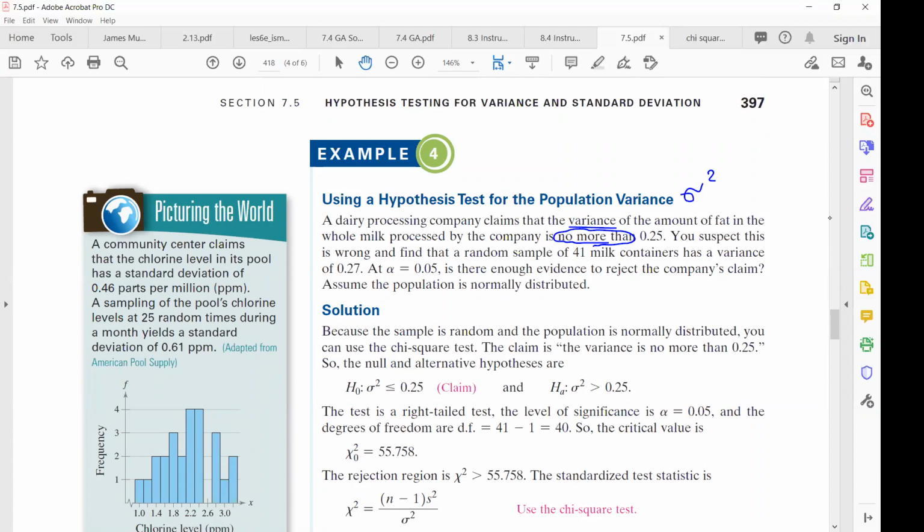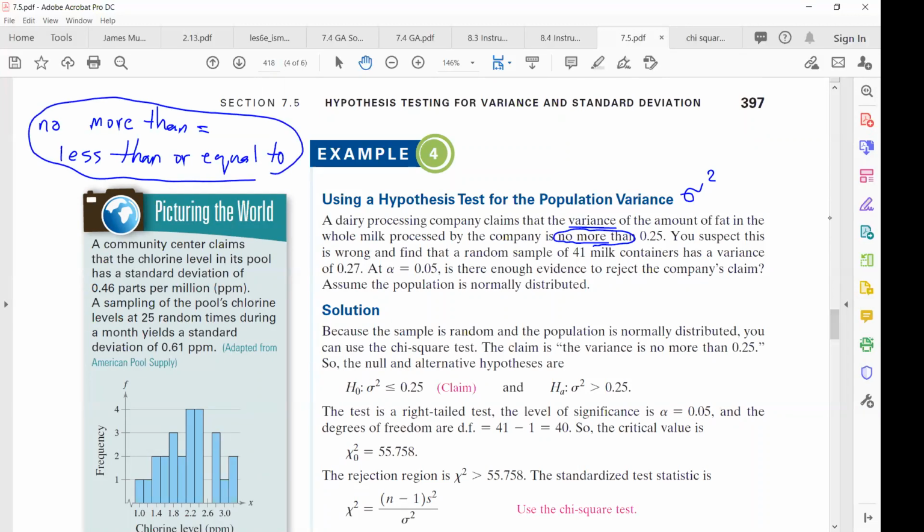So what's the meaning of that? No more than means that you have less than or equal to. That's the meaning of no more than.